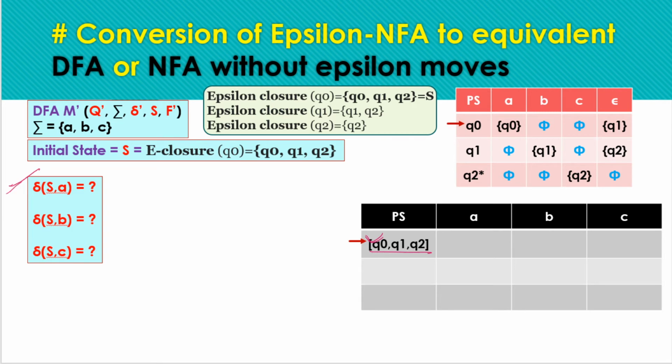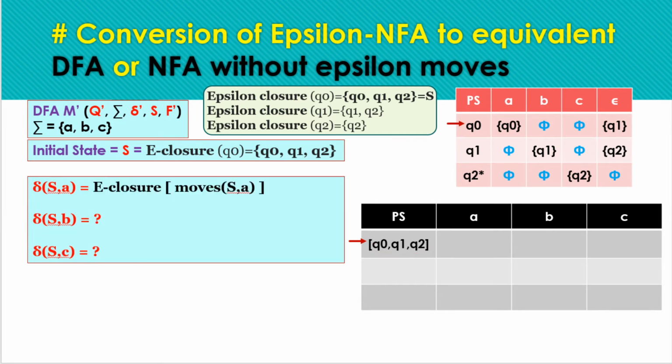Now we have to find out the transition for A, the transition for B and the transition for C. For this, the procedure is the same as NFA to DFA conversion, but we have to find out the closure. Now the resultant set goes as input to the epsilon closure function.